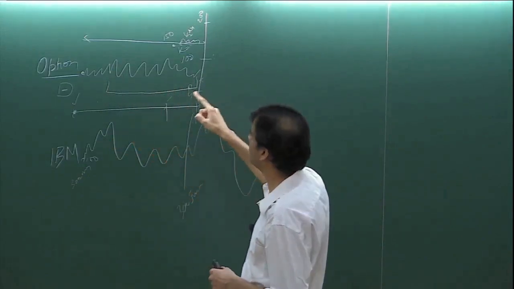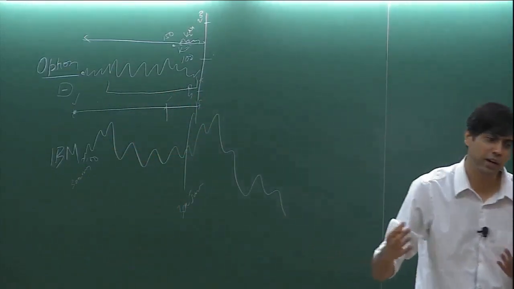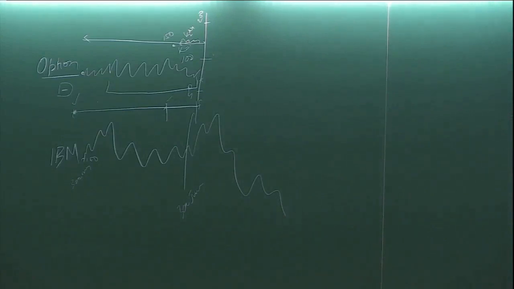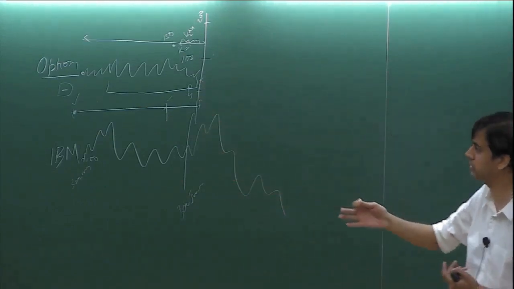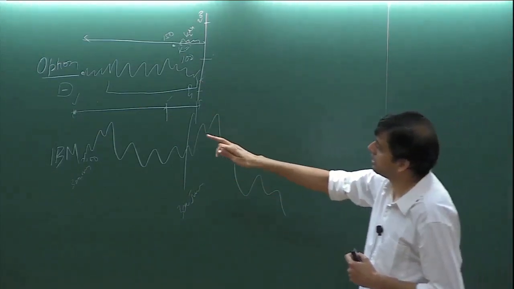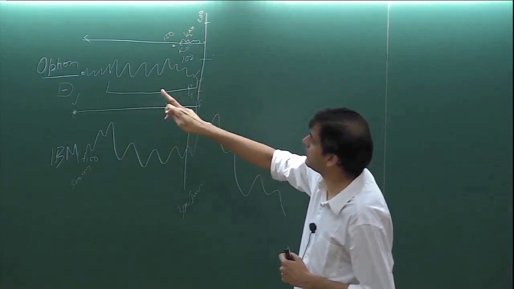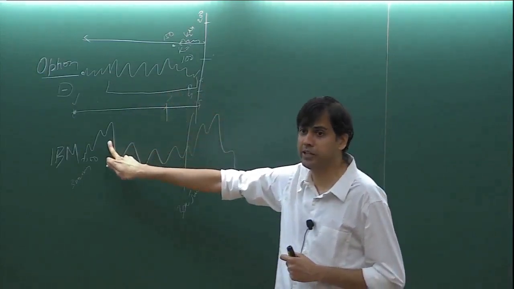Because we know that with maturity, the price of the option sort of becomes more and more deterministic, and at the final time, at the expiry, you precisely know what the option price is, right?